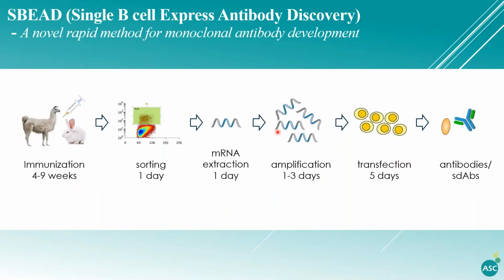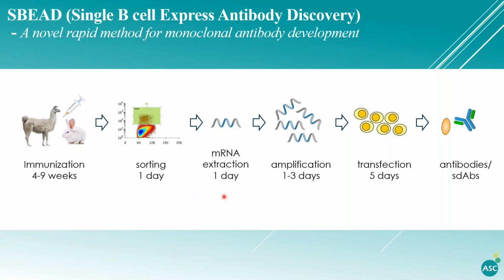To enable fast antibody discovery and reduce the workload, we developed a new method which we call SBEAD, which stands for Single B-cell Express Antibody Discovery. In SBEAD, the B cells from the immunized animals are sorted by FACS.